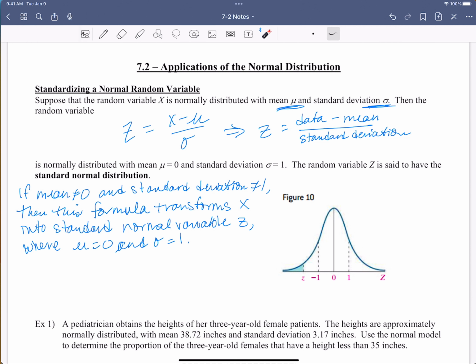So if my mean and my standard deviation are not 0 and 1, we're going to normalize it by making it a z-score. Now here's the deal whenever it comes to a z-score. Z-scores are the number of standard deviations from the mean.